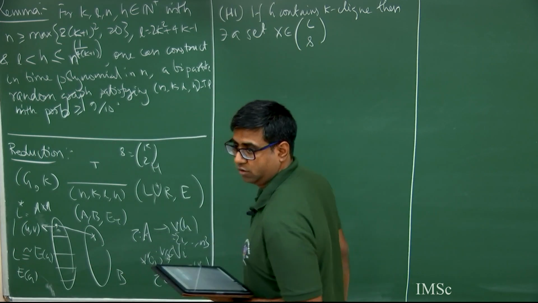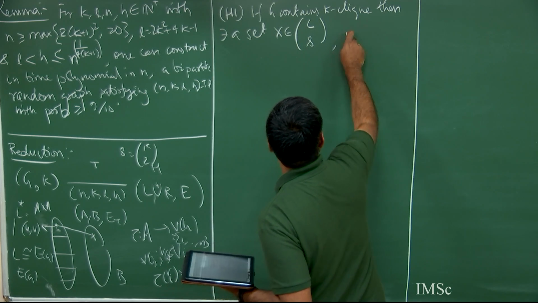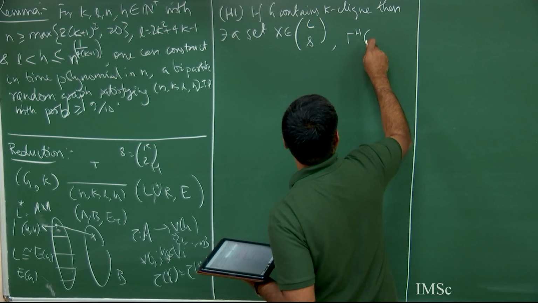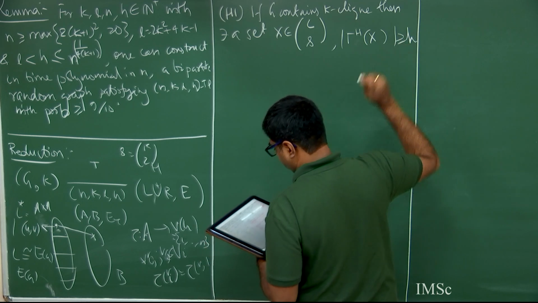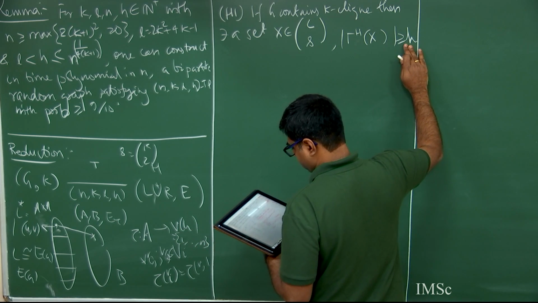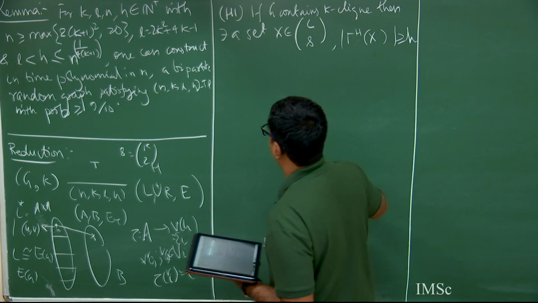So if G contains a k-clique, then there exists a set X in L choose S such that its neighborhood in H, the neighborhood of this set X, was how much? Greater than or equal to high, or n to the power of what? n to the power of 6 by k plus 1. No, not in this theorem.